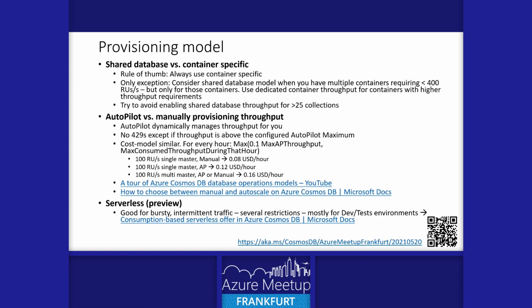From a business model, the only thing to consider is that 100 RUs per second with autopilot enabled is 50% more expensive than when using manual throughput mode. So financially, it's only interesting if the load variance across different hours of a day, for example, is high enough so that you end up with a cheaper solution.